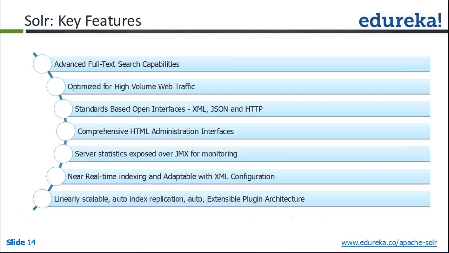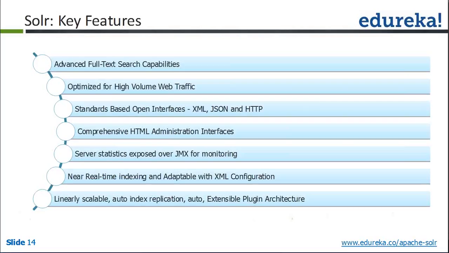So, near real-time indexing and adaptable with XML configurations. Again, in Lucene, the biggest disadvantage, if you're using it alone, is that you would have to code everything. However, with Solr, it lets you configure everything through XMLs. You can choose the type of schema. Instead of having to write everything in the code, we would be providing that through the schema.